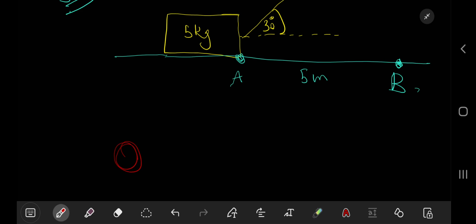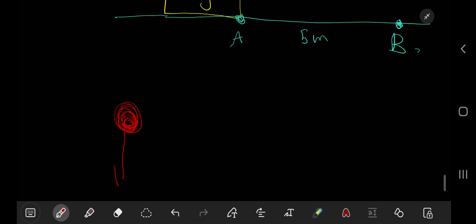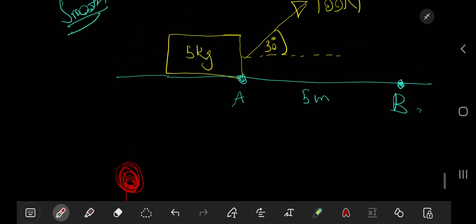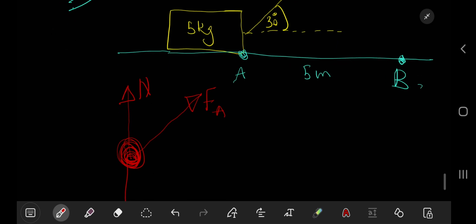Our free body diagram would have the gravitational force, because we have a mass of 5 kg, and then we have our normal force since we have our surface, and we have our applied force which is applied at an angle, and there is no friction because the surface is smooth.